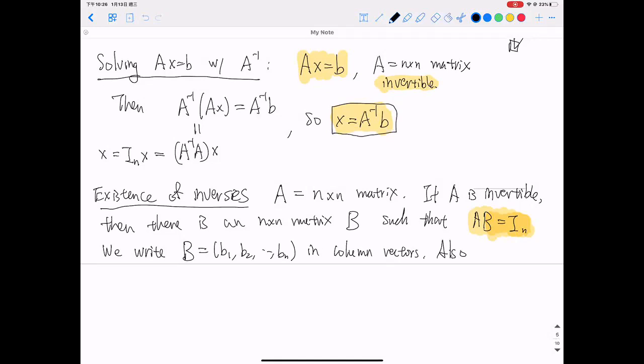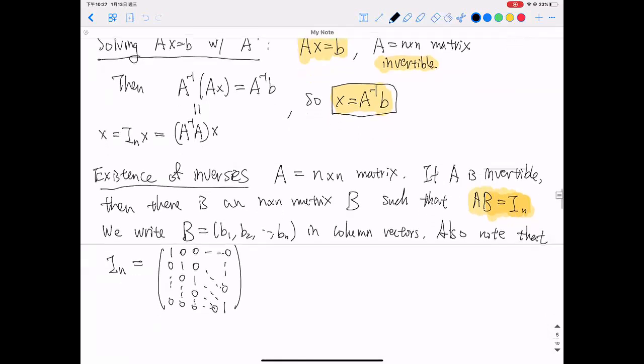Also, note that the identity matrix I, if you write it in column vectors, first of all, the identity matrix I looks like this, right? It's 1, 0, and so on; 0, 1, 0, and so on; 0, 0, 1, and so on.